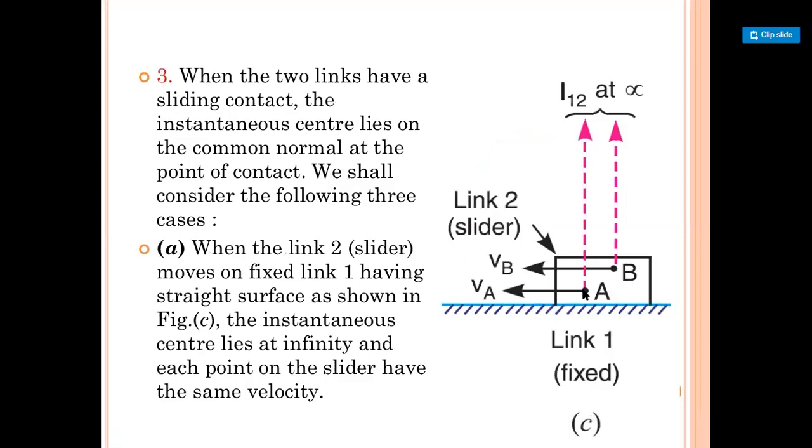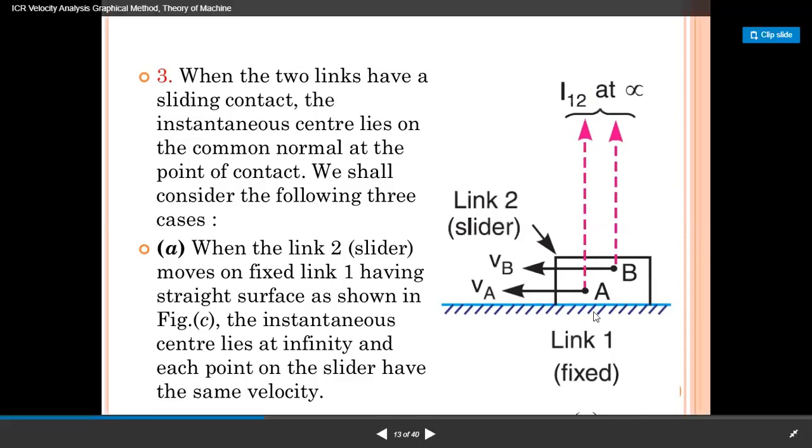Now, when the two links have sliding contact, what happens when a slider slides on a surface or a link? How can you find the instantaneous center? Suppose this is a fixed link and the slider is sliding on this fixed link.